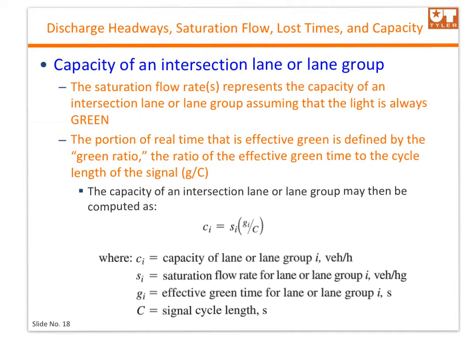So you take the ratio of the effective green time over the overall signal cycle length, times the saturation flow rate for a lane or lane group. This gives us the capacity of that lane or lane group.